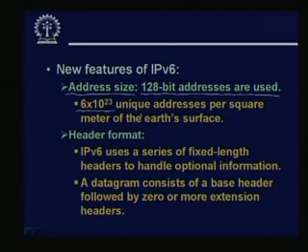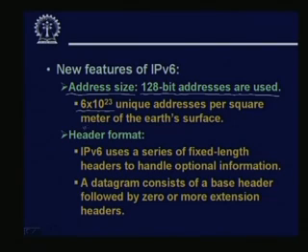If you take the whole surface of the earth, then with these 2 to the power 128 different addresses, in every square meter of the earth surface we can have 6 into 10 to the power 23 addresses assigned. Okay, so you can imagine how huge this address space is, and what this number means is that, approximately, you can assign one address to one molecule on the earth surface.